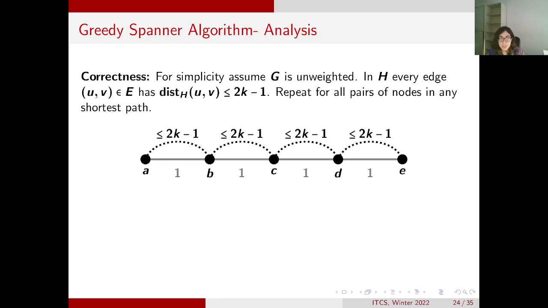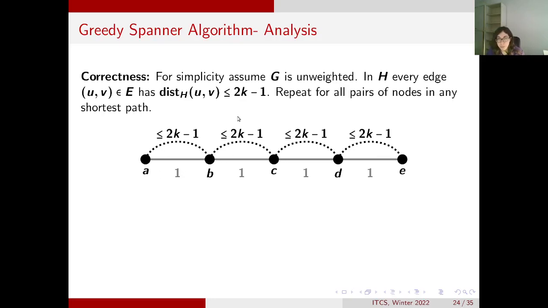Very briefly, it is easy to see why this algorithm is correct, in the sense that every edge that we don't add, it's because there's already a path of length 2k minus 1. Let's say we're looking at an unweighted graph.